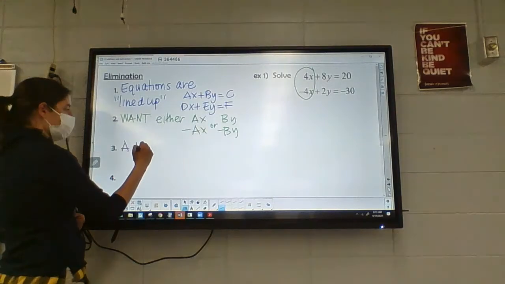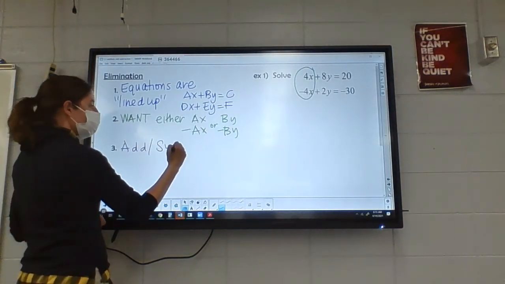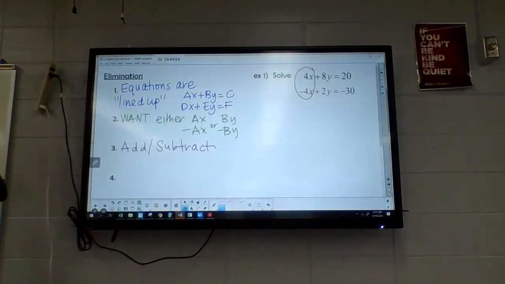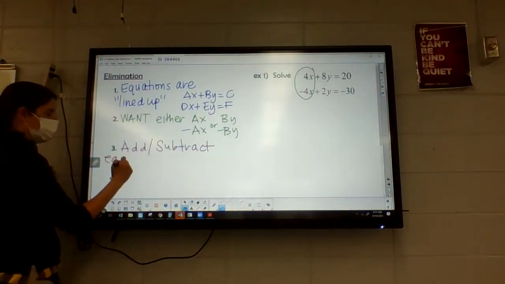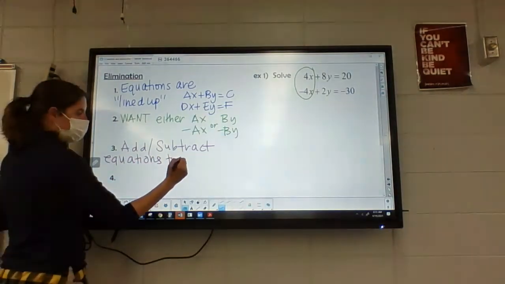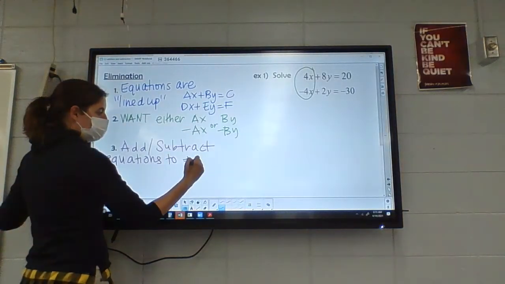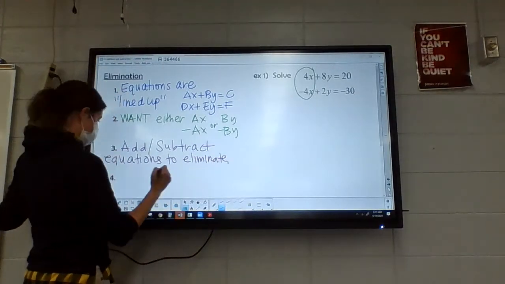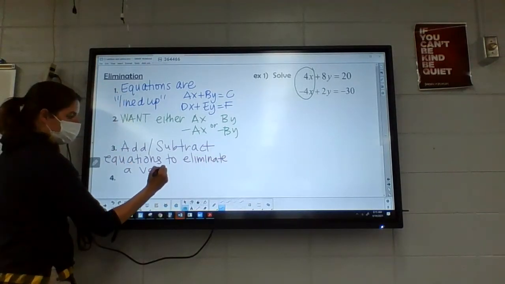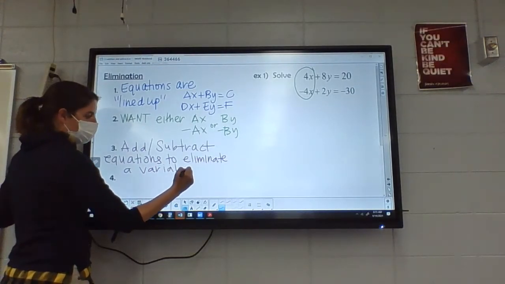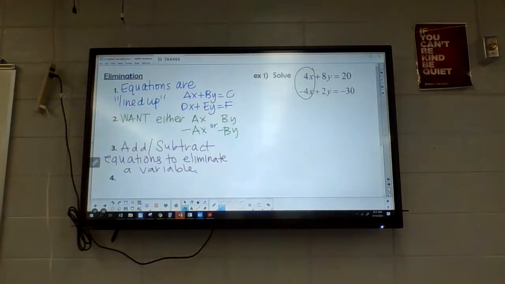Typically I like just adding, and I'll show you that in a little bit. So we're going to add or subtract the equations to eliminate a variable.